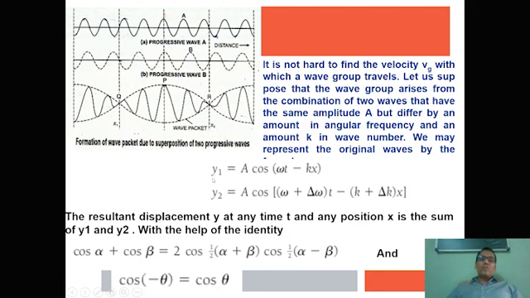And we will now use the law of superposition. So y is equal to y1 plus y2, and then we will use the trigonometric identity cos alpha plus cos beta is equal to 2 cos of (alpha plus beta) by 2 multiplied by cos of (alpha minus beta) by 2, and also the relation cos of minus theta is equal to cos theta.